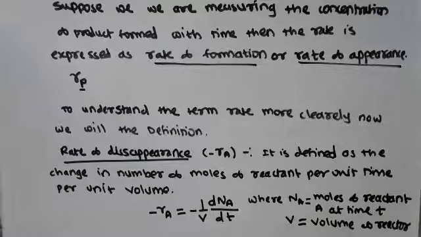V is equal to volume of reactor. Now please remember, whenever I am saying volume of reactor, it is never actually in a real sense the volume of reactor. It is rather the volume of reaction mixture. But there is a common practice to call the volume of reaction mixture as a volume of reactor. But suppose the reaction mixture volume is 300 liter, then you have to keep some vapor space.